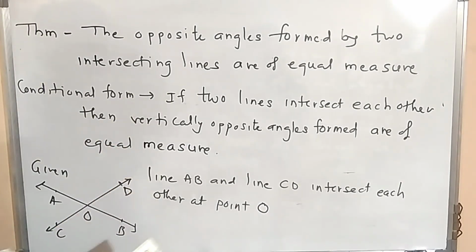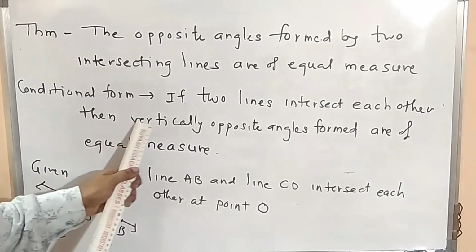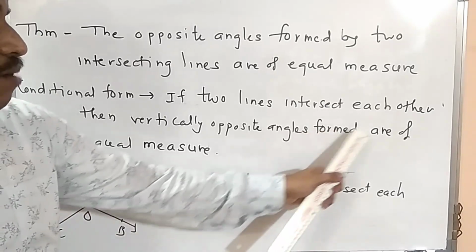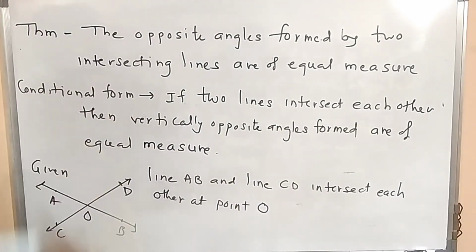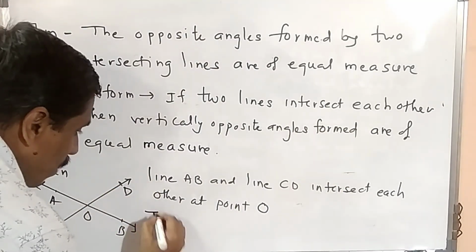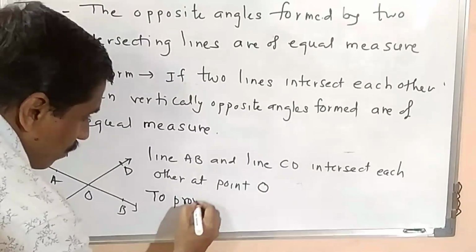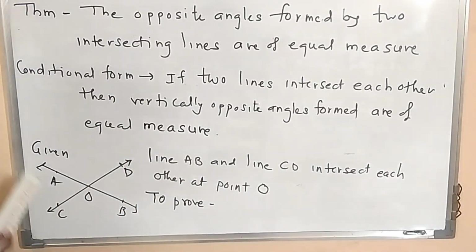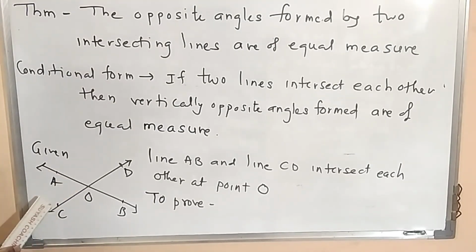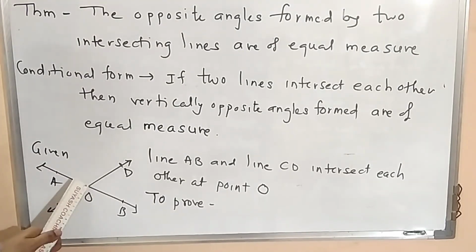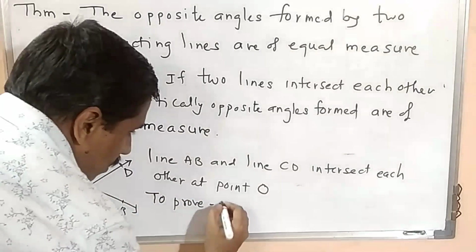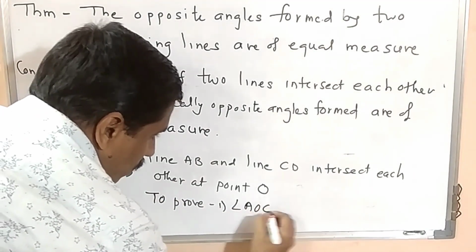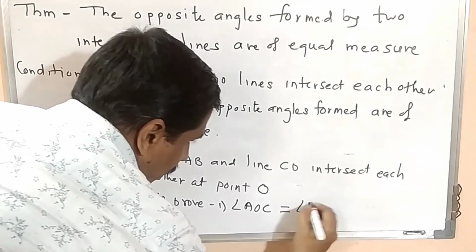What is the to-prove part? The part of the statement after then: vertically opposite angles formed are of equal measure. That is the to-prove part. So first I have to identify which are vertically opposite angles. Angle AOC and angle BOD, that is angle AOC is equal to angle BOD.